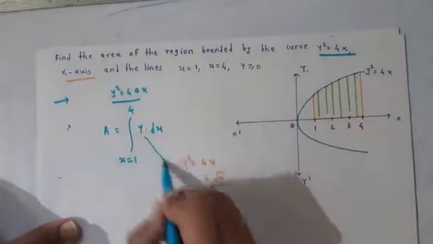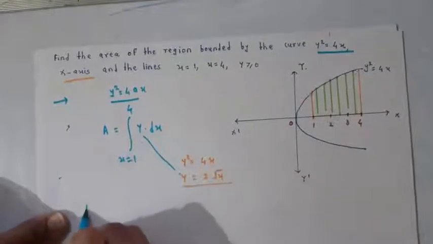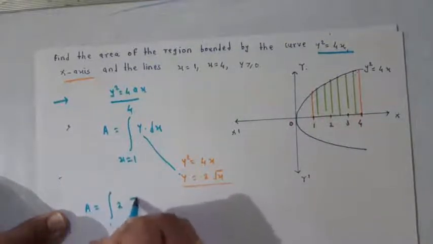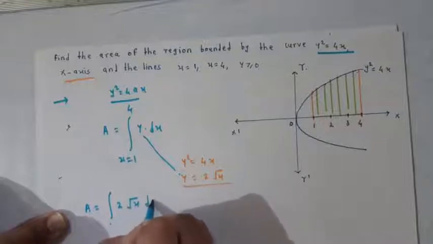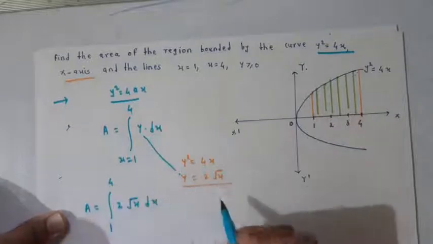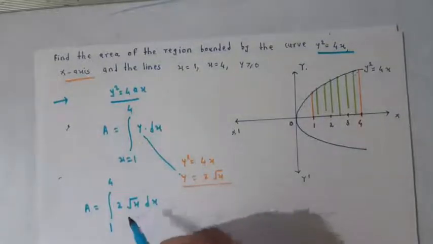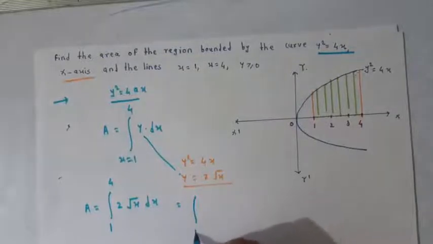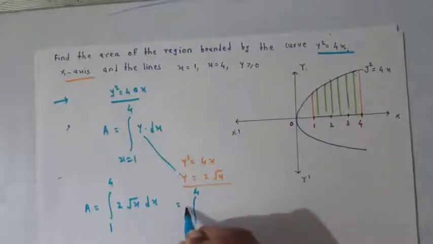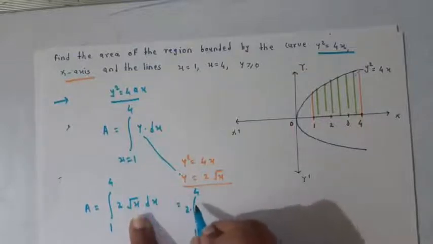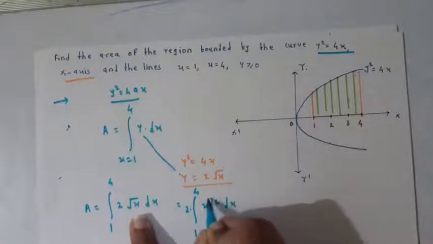Put this value here. Therefore, area equals the integral of 2 square root of x with respect to x, limits of integration 1 to 4. Root x means x raised to 1 by 2, and 2 is a constant, so it is 2 times the integral of x raised to half with respect to x.